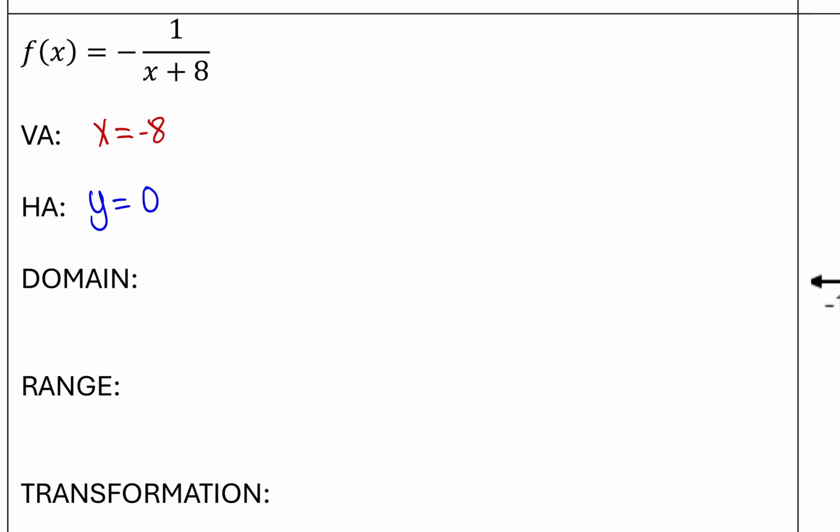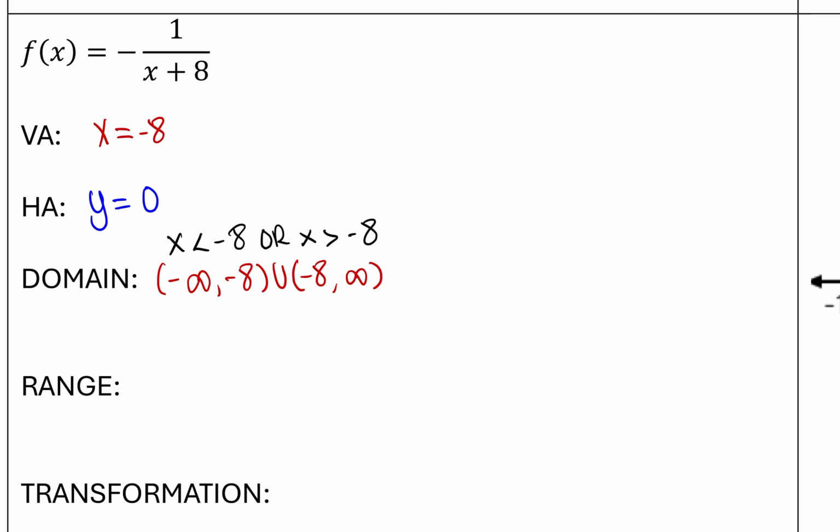For the inequality notation, we have x is less than negative 8 or x is greater than negative 8. We have the interval notation, which is given by negative infinity to negative 8, not including it, union from negative 8 to positive infinity. We have the set notation, which is going to be for all x's in which x cannot be equal to negative 8.